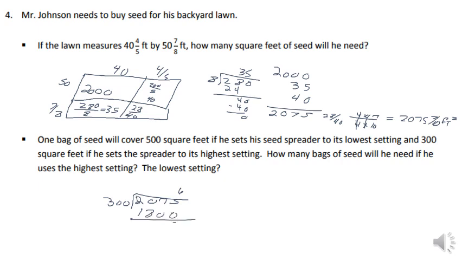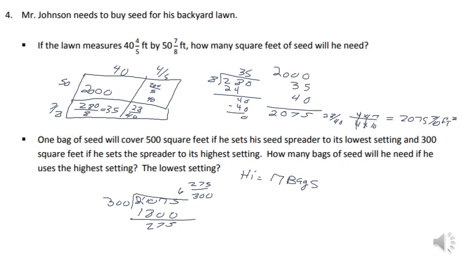That's going to give us 1,800. And it's 5, 7. So that'd be 275 left over. So it'd be 275 300ths. So we can see it wouldn't be 6 bags. We'd need to do 7 bags. So the highest would equal 7 bags.